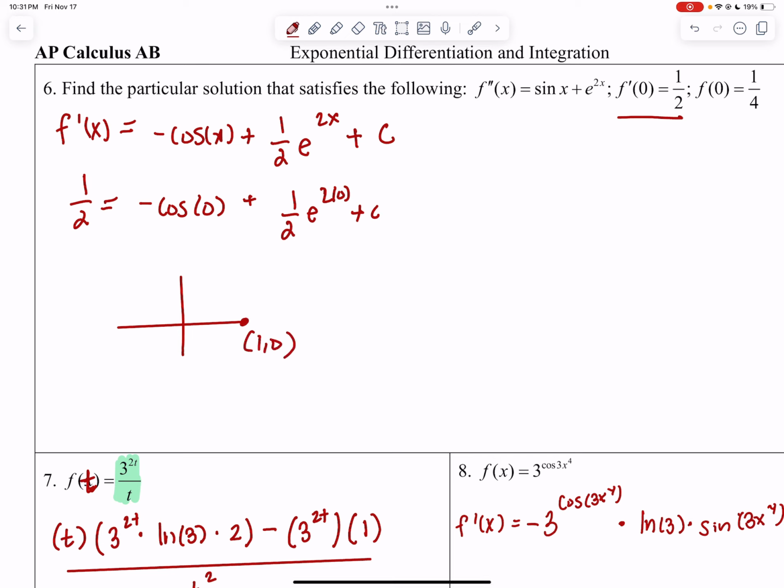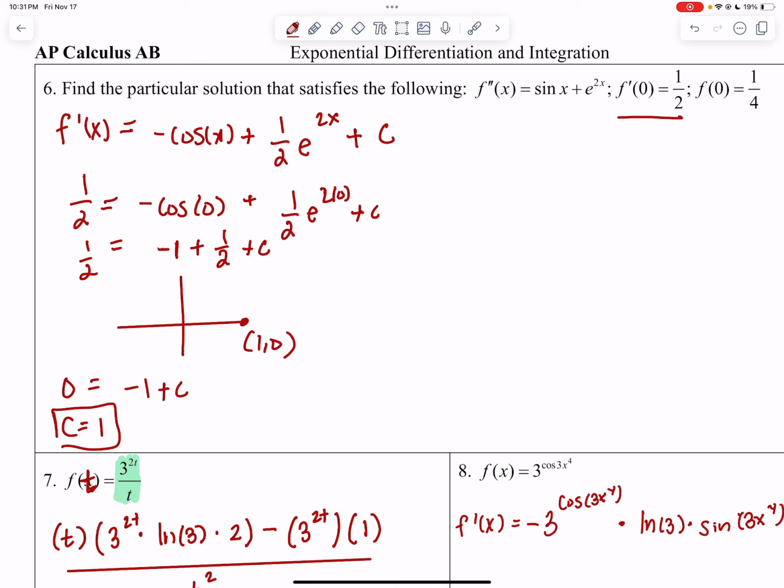So cosine of 0 is 1, but I have a negative, so this is negative 1. Plus e to the 0, which is just going to be 1. So I now have 1/2 plus c is equal to 1/2. The 1/2s will eventually cancel out with each other. So now I have 0 is equal to negative 1 plus c, or c is equal to 1.